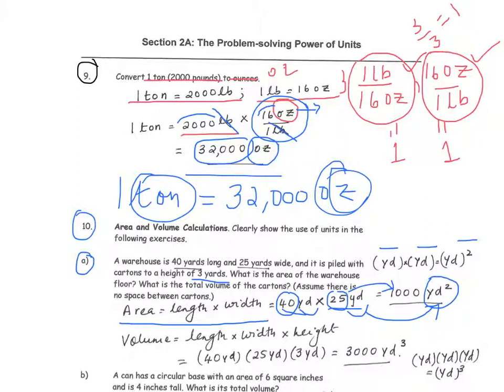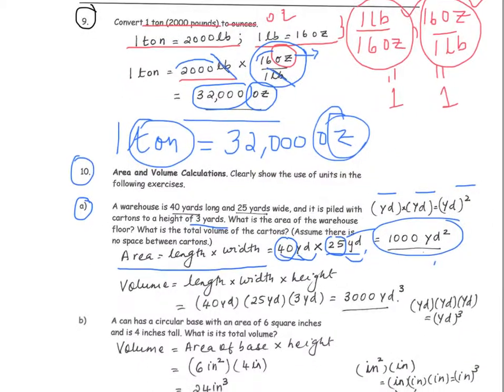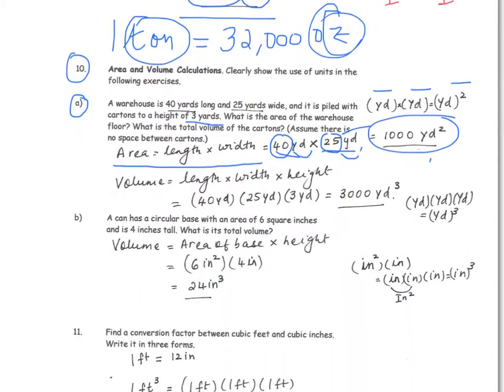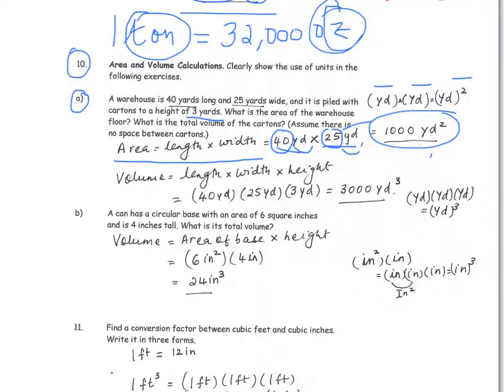So our final answer is 1000 square yards. That is the area of the warehouse.